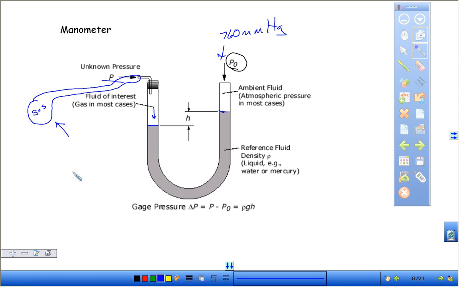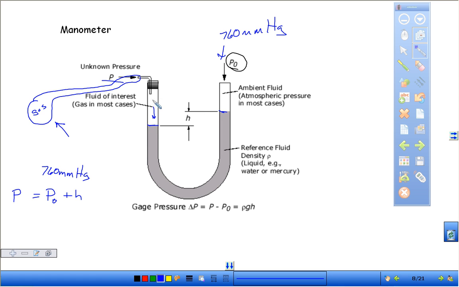So the pressure inside would be 760, or the outside pressure. And if you notice above it says P naught, the pressure inside the container, which is P up here, is equal to P naught plus the height of the mercury as it's pushed up.